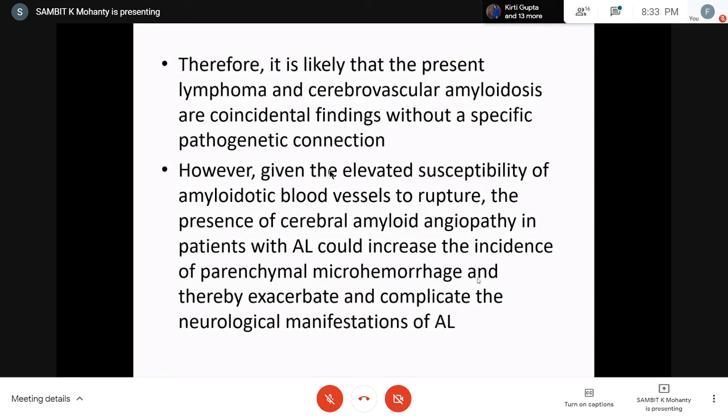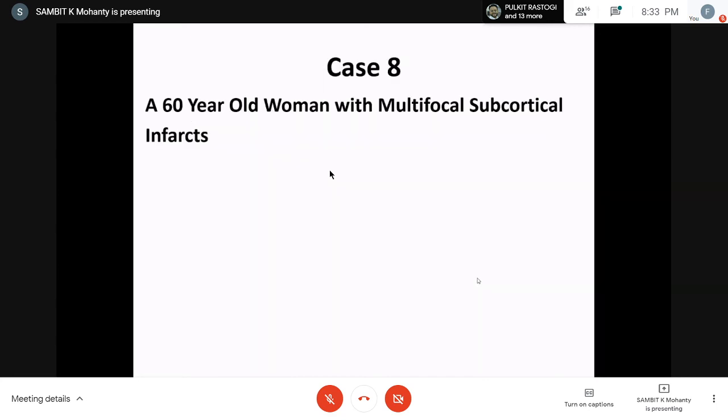Given the elevated susceptibility of these vessels, which are more fragile and tend to rupture, the presence of cerebral amyloid angiopathy in patients with angiotropic lymphoma could increase the incidence of parenchymal microbleeds and exacerbate and complicate the CNS manifestations of these patients.